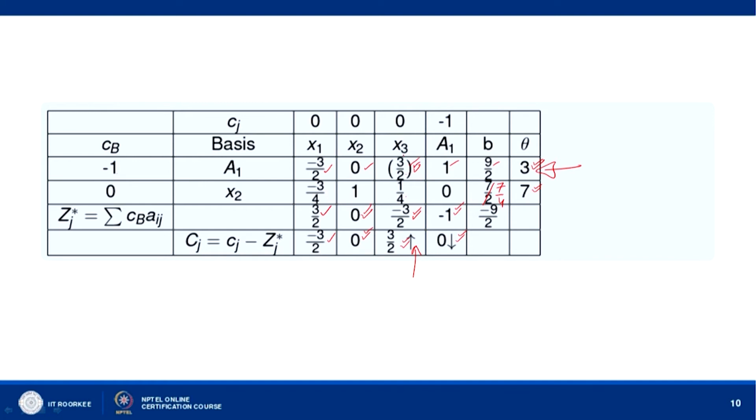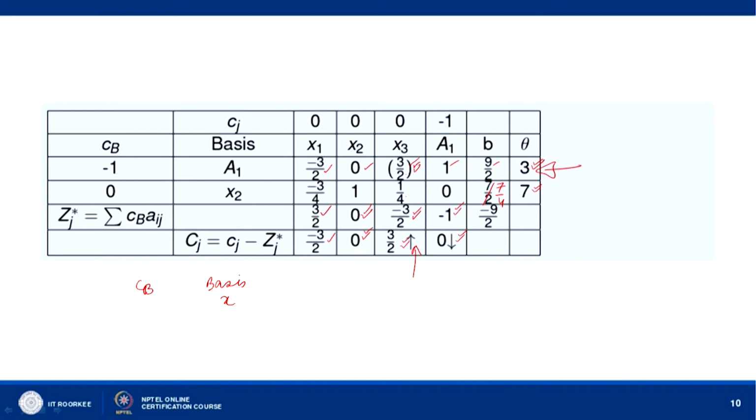Okay. And before that, what we notice is that now x 3 will be incoming, A 1 will be going out. So, what we will have in the new table, C B basis. So, here in place of A 1 now we will have x 3 coming in, A 1 going out. Okay.